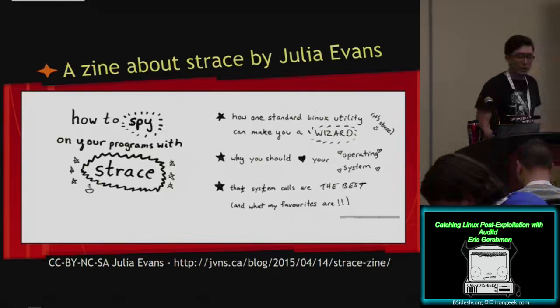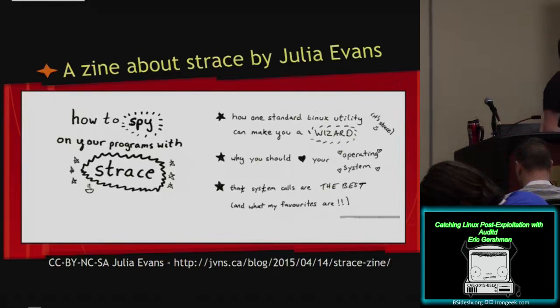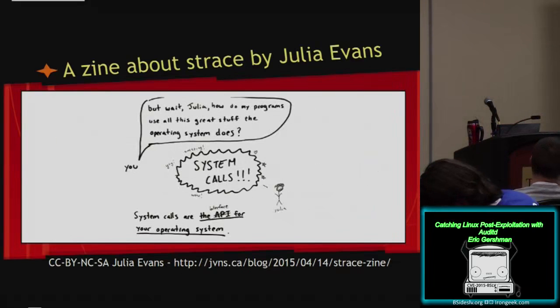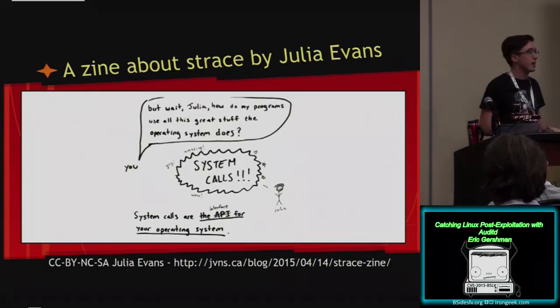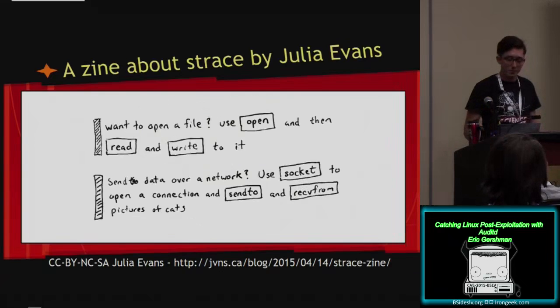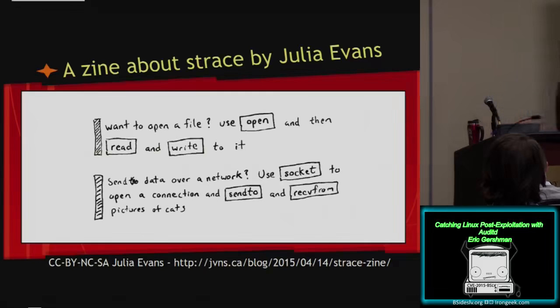Julia Evans created a zine called How to Spy on Your Programs using strace. In it, she calls system calls the interface for your operating system. They're basically the way that programs interact with the operating system. For example, if you wanted to open a file, you call the open syscall and then call read or write to it.